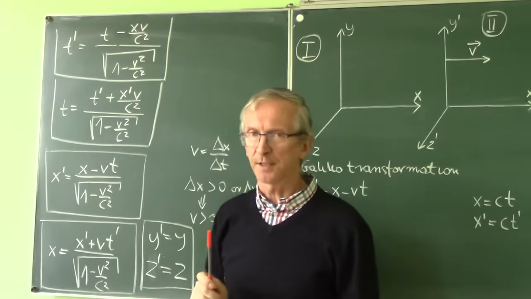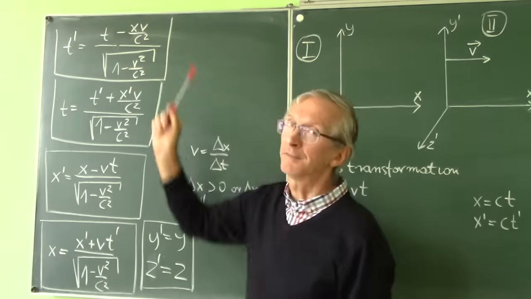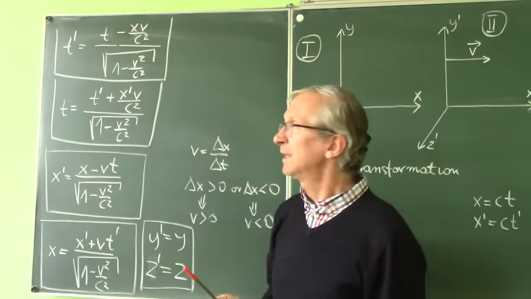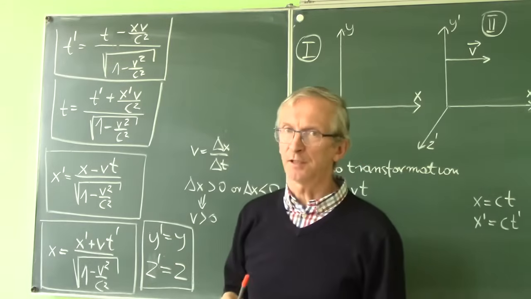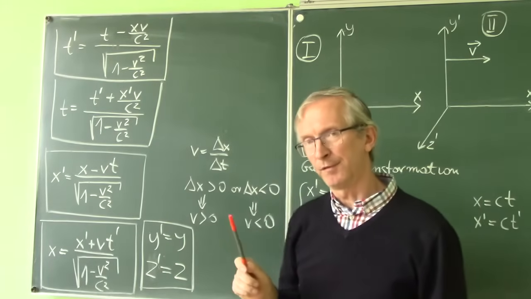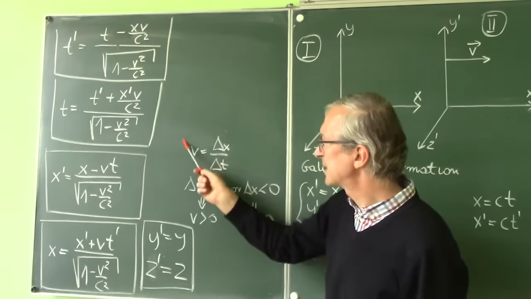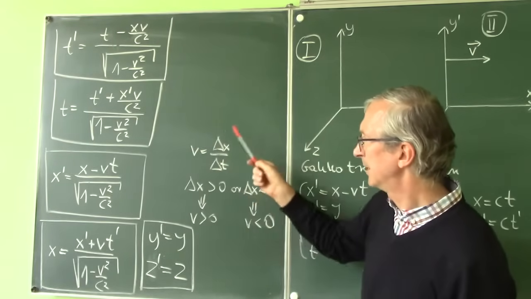We should understand what v is in this equation. It is not the value of velocity. It is the coordinate of the velocity vector, and it is expressed by such equation.